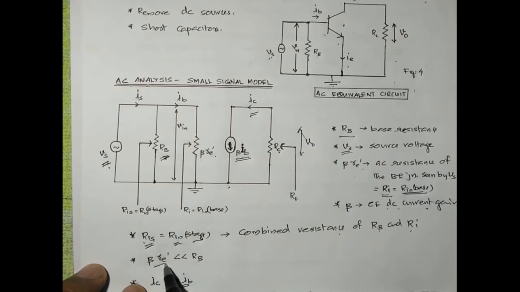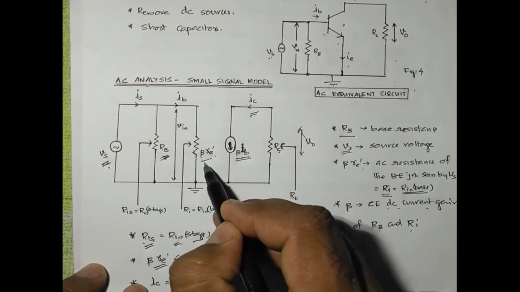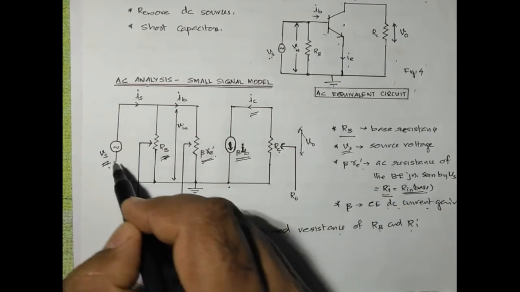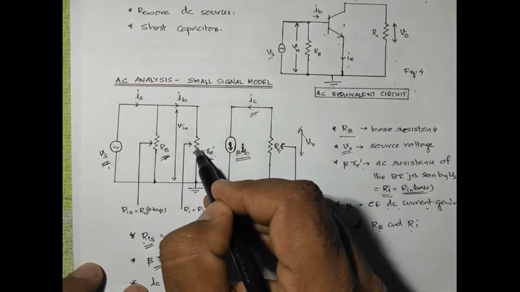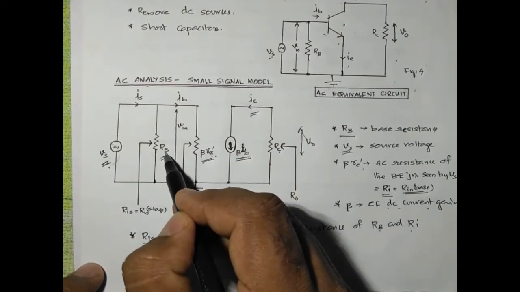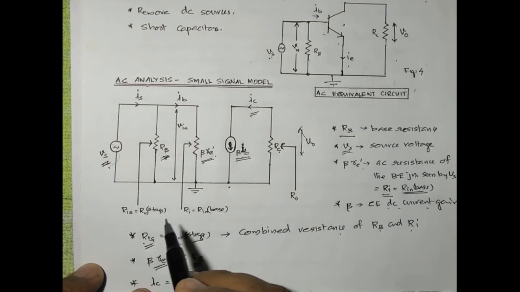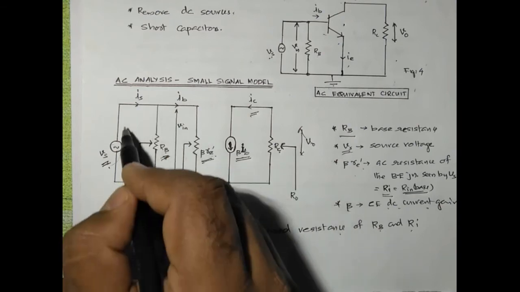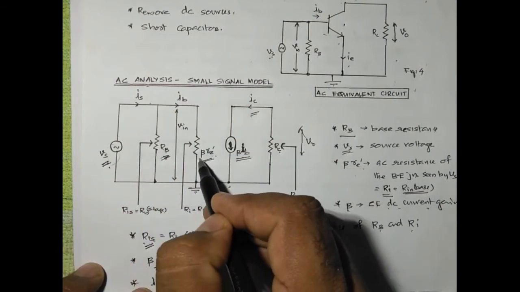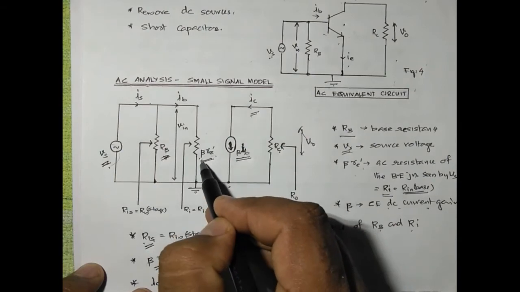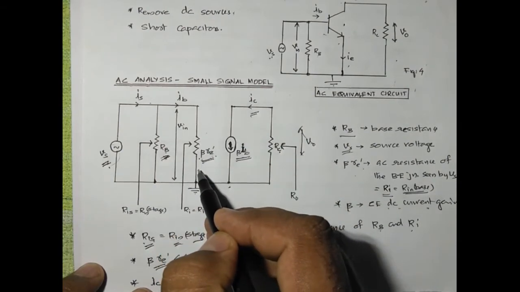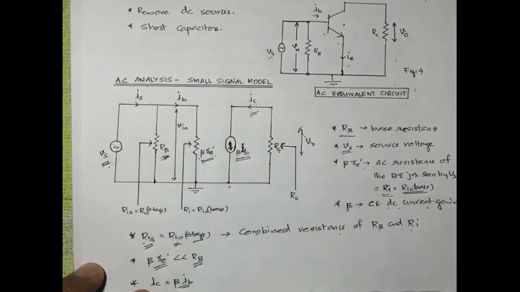Beta Re prime is the resistance which is seen by the input signal at the base, which is very much less than Rb. So almost all the current which is coming from the source will pass through this base emitter region or through this beta Re prime. A very small fraction of the current will pass through Rb.